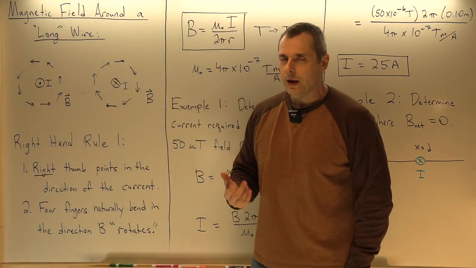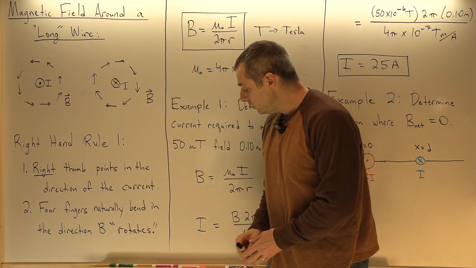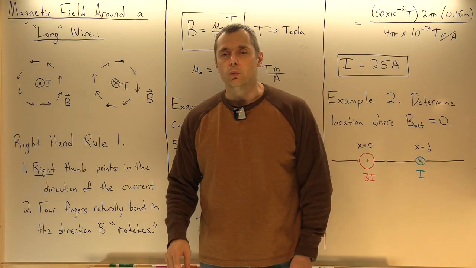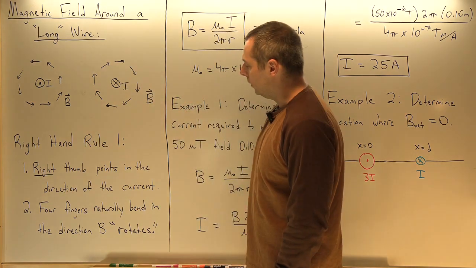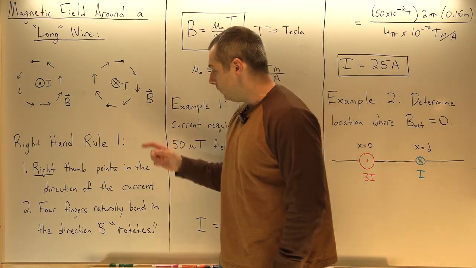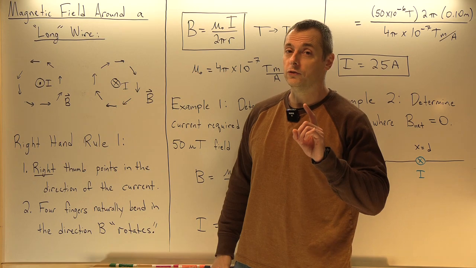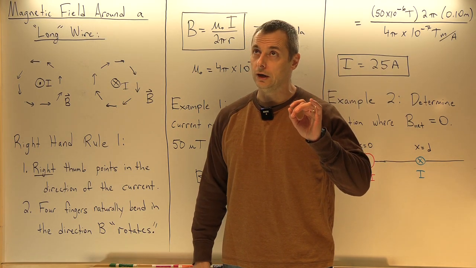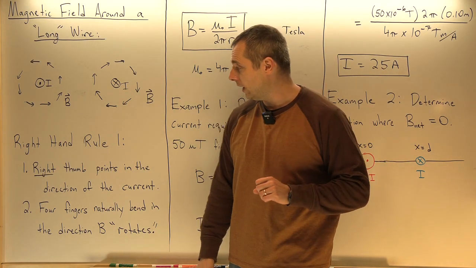The way you remember this, one tool is what's called the right-hand rule. Okay, so here's how you use the right hand. And by the way, right-hand rule number 1. There's another right-hand rule we're going to learn in a couple videos' time.